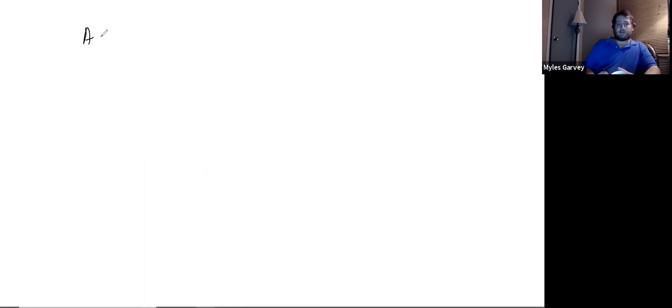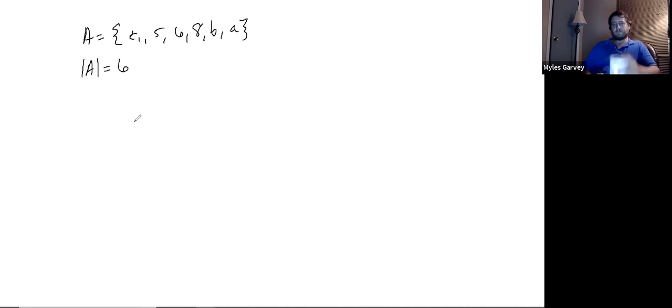Now, in the case of finite, this is very easy, as we mentioned, right? If, for example, A is equal to {1, 5, 6, 8, B, A}, then there's 1, 2, 3, 4, 5, 6. And so the size of A is therefore 6. So with finite sets, it's very easy to find the cardinality.